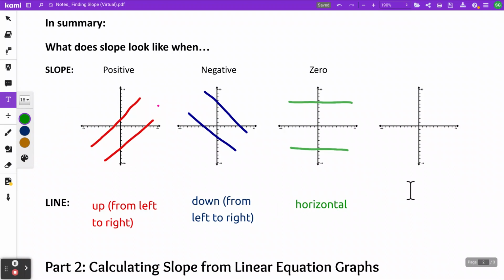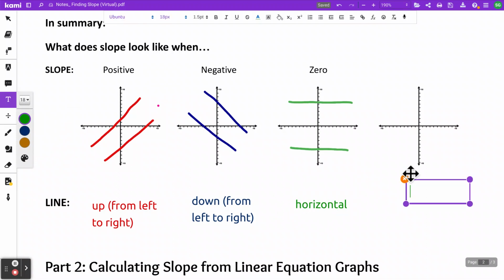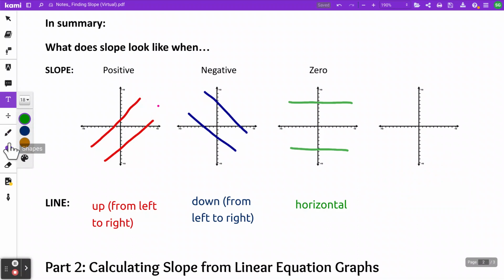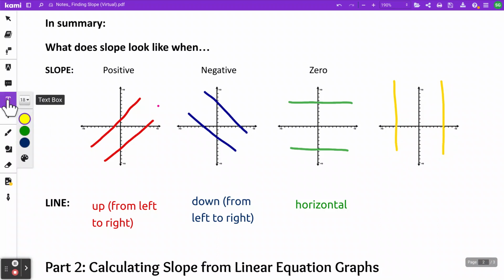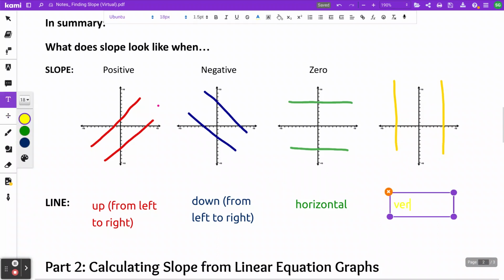There is one last option, and that last option is instead of a horizontal line, you might see a line like this, a line that goes up and down. And we call those lines, why am I writing in yellow? We call those lines vertical lines.